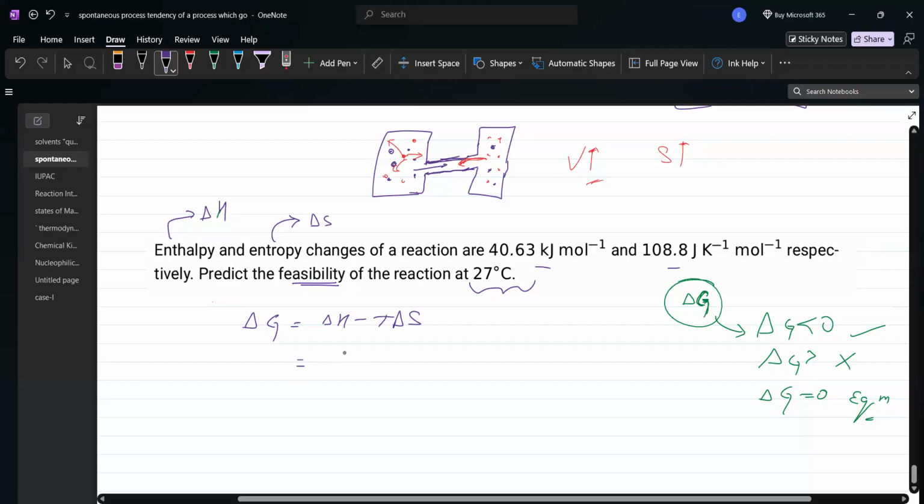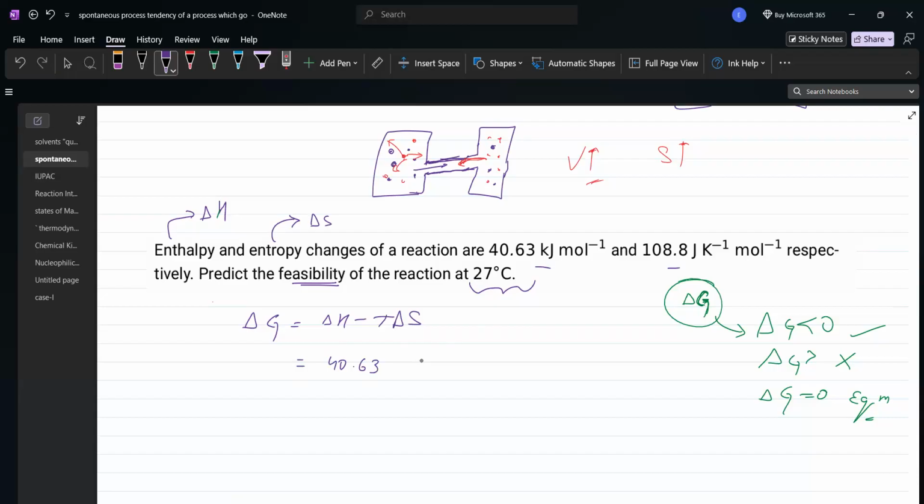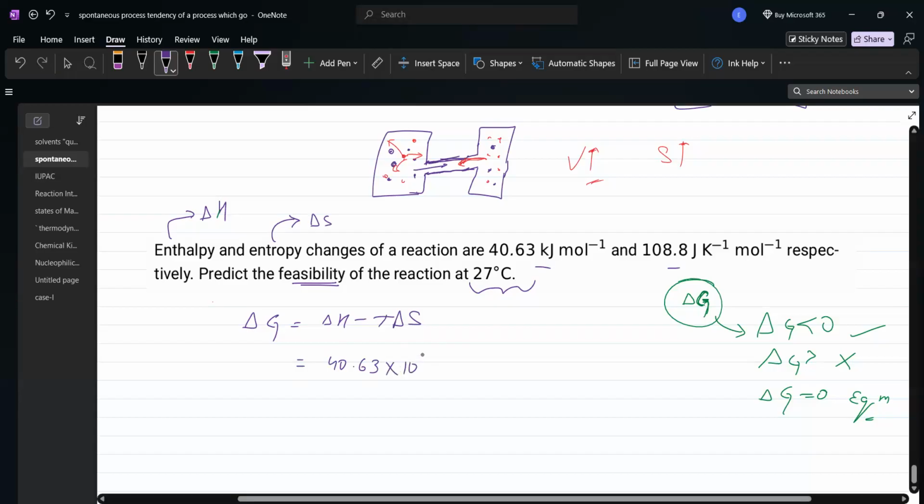So we are putting in the values. The delta H is given as 40.63 kilojoule per mole. See, the examiner will try to confuse you. It is given in kilojoule per mole, so we will calculate in kilo. Kilo is 10 power 3, so this has been converted into joule per mole.